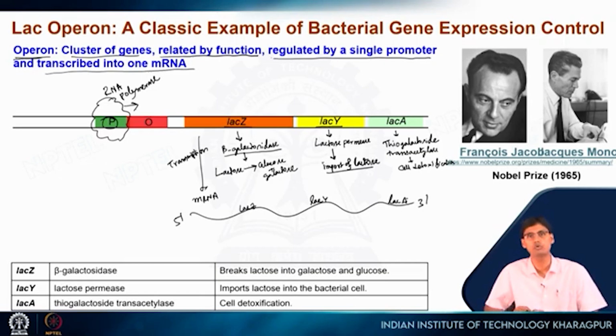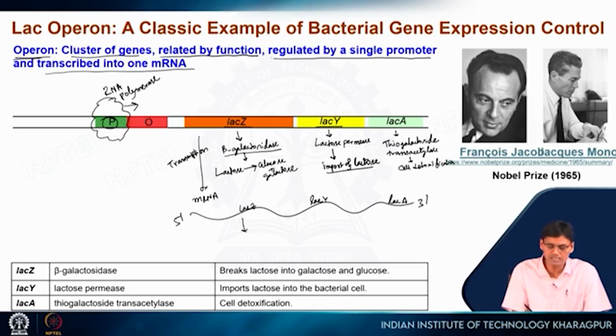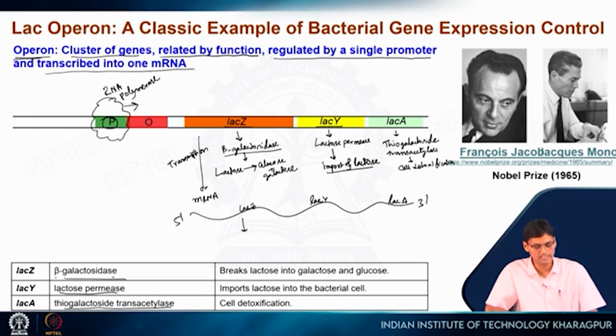They will be three separate proteins, because those genes are separated by their own start codon and stop codon, so after the translation we will get three different proteins: beta galactosidase, lactose permease and thiogalactoside transacetylase. This is the normal scenario when the RNA polymerase binds to the promoter site, makes the mRNA and makes all the products.